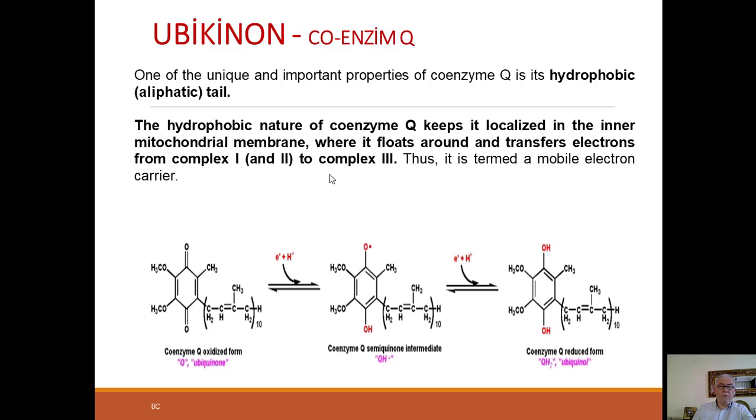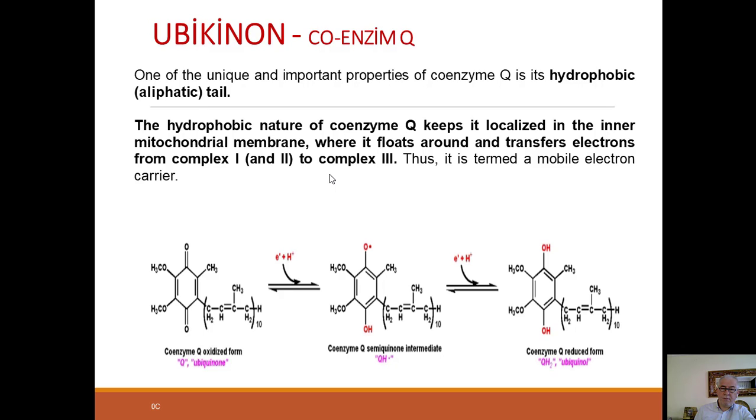When you look at the function of ubiquinone, the oxidized form is called ubiquinone, and ubiquinone accepts one electron and turns to coenzyme Q semiquinone intermediate, a kind of radical. These semiquinone intermediate molecules of ubiquinone are one of the dangerous free radicals in the cells, because these electrons can go to mitochondrial DNA and the membrane of mitochondria, or leak to the matrix and affect the cellular membrane or nuclear DNA.